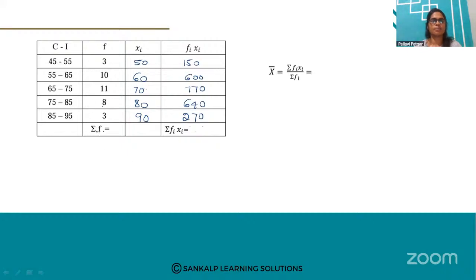So find the sum of the frequency and product. So here sum 3 plus 10 plus 11 plus 8 plus 3 is equal to 35.